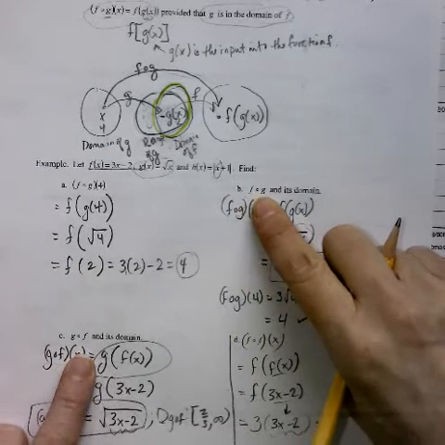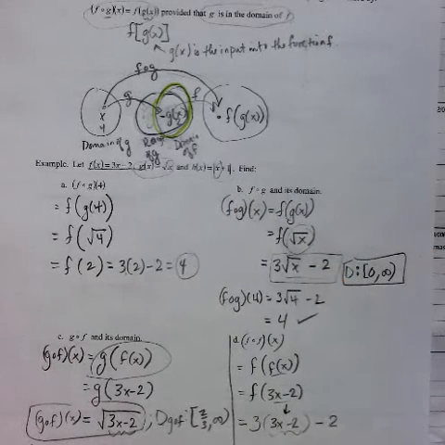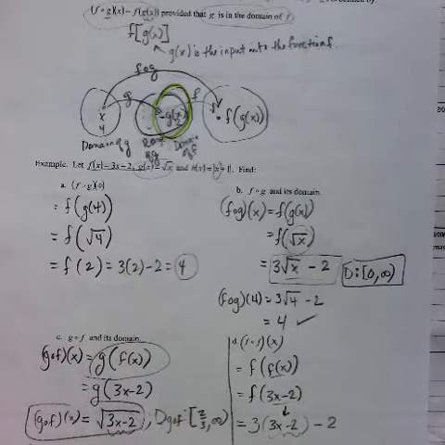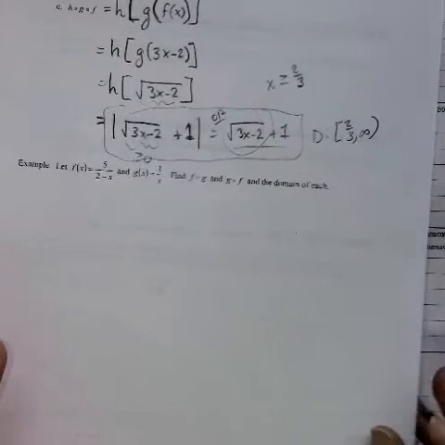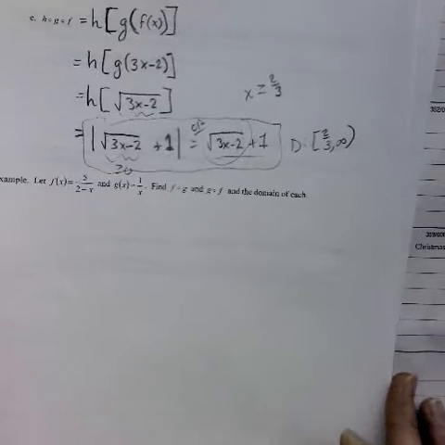So composition is not commutative, right? If you take a times b, it's the same as b times a. That's multiplication, of course, and multiplication is commutative, but composition is not. So we can't reverse the order of composition and say we're going to get the same result. We're going to find both of these.